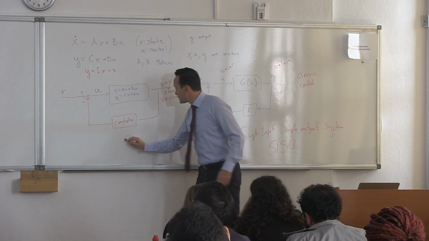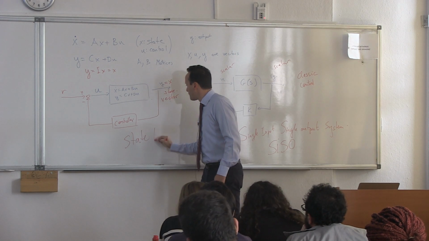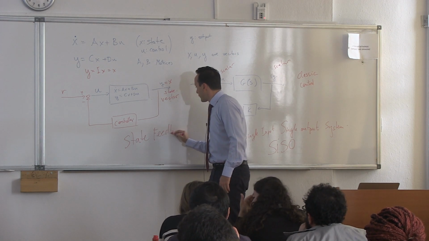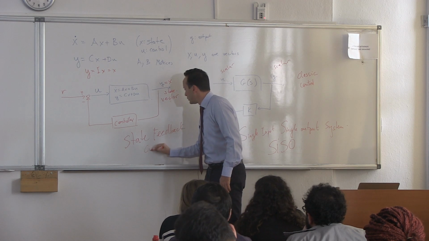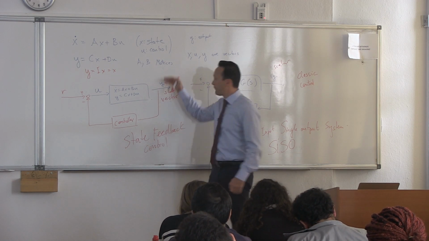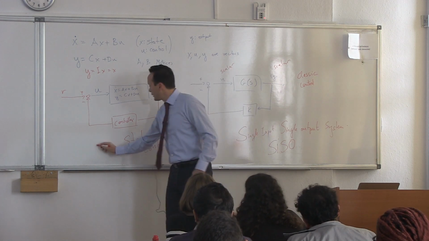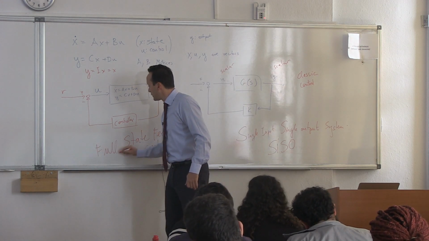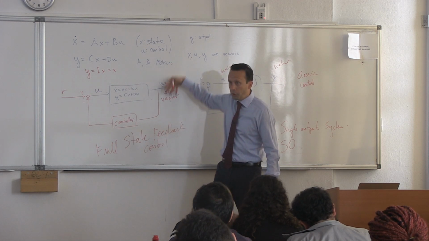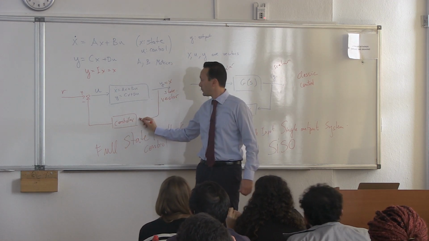And this is what we call state feedback control, okay? Because we are feeding back the state. If you want to be really precise, you might want to say full state feedback control, because you're feeding back the whole state into your controller.